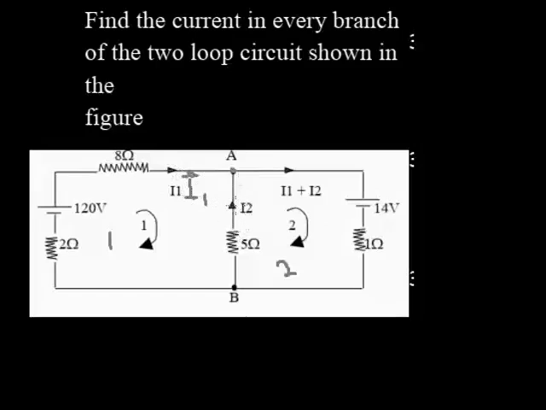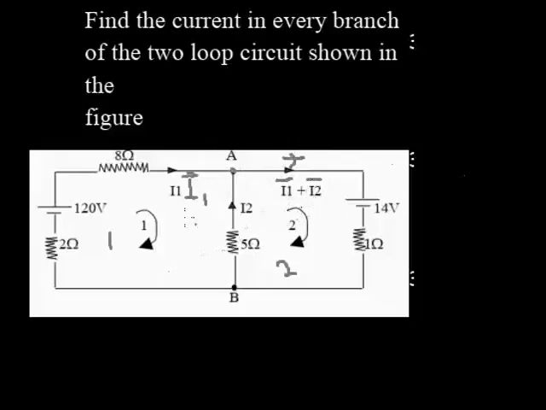Then current I2 is also moving towards A, but the current leaving A is this current here, and according to Kirchhoff, the current that's entering is equal to the current that's leaving. So the current leaving junction A is going to be the sum of I1 and I2, I1 plus I2. So please take note.